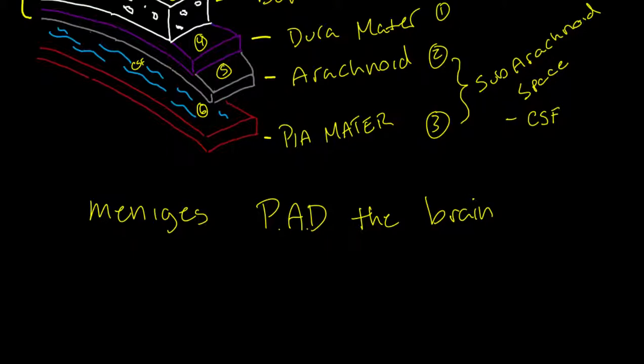And this is kind of going in reverse. This is like your innermost layer to the skull, followed by the arachnoid space, which is the next layer out, and then the Dura Mater, so this is the third layer out. So then your brain would be this layer, and then it's going that direction out. So pad, if you can remember that.